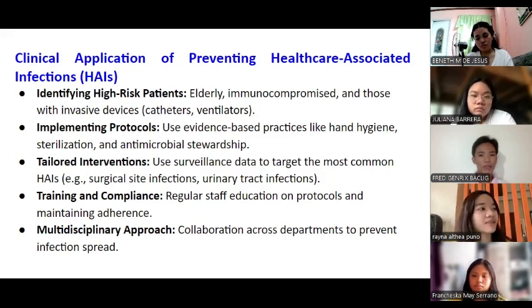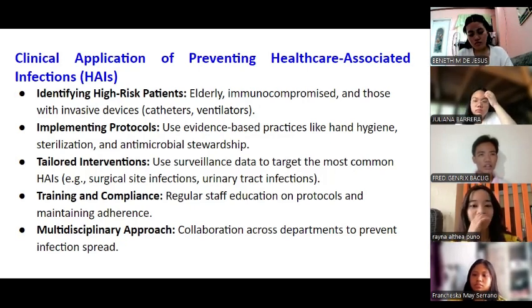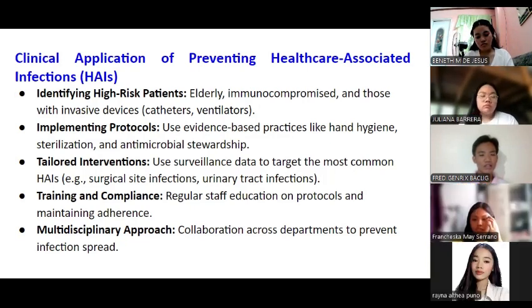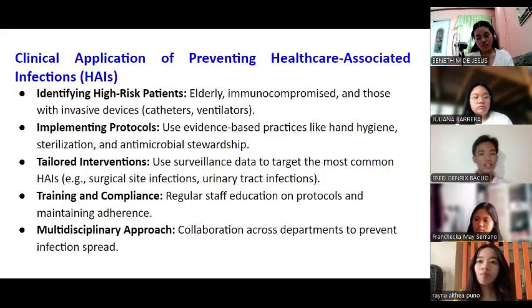For example, the microbiology lab may quickly identify the pathogen causing infection, while the nursing staff will ensure that each patient's room and devices are properly sanitized. That is collaboration, a team-based approach that helps share expertise and responsibilities, ensuring that all angles of infection prevention and control are covered.